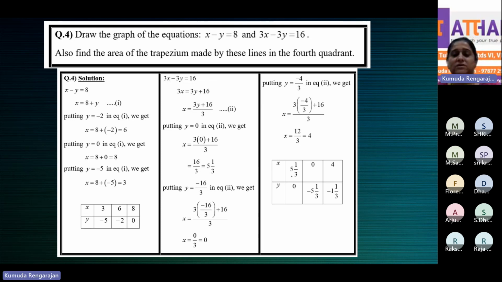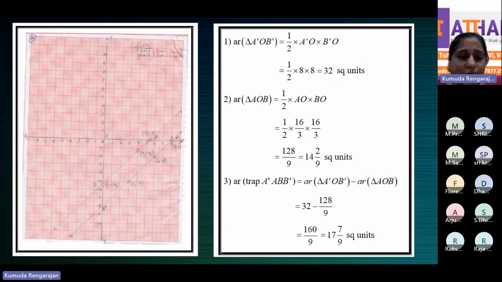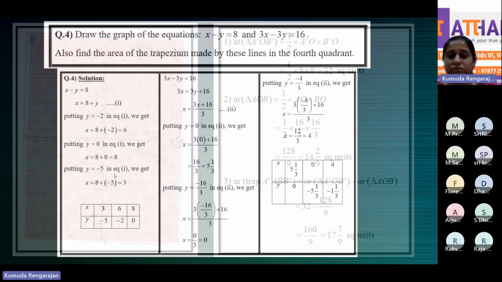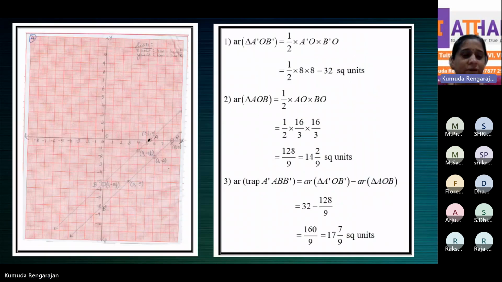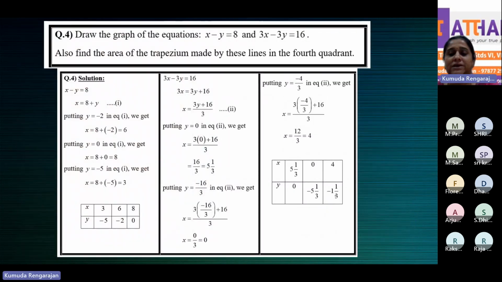And wherever I've marked 1, 1 by 3 and all that, you can see here, 1, 2, 3. If it's 1, 1 by 3, what are the other values? 4 comma minus 1.3.